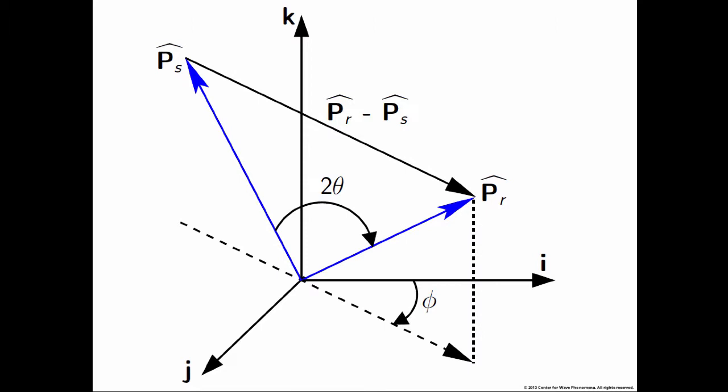Here 2 theta is the angle between the Poynting vectors from the source and the receiver side. And the azimuth is computed by projecting the difference of the vectors onto the xy plane and computing the angle from the reference. In this case, I choose the x-axis, where unit vector I points in the x-axis direction.